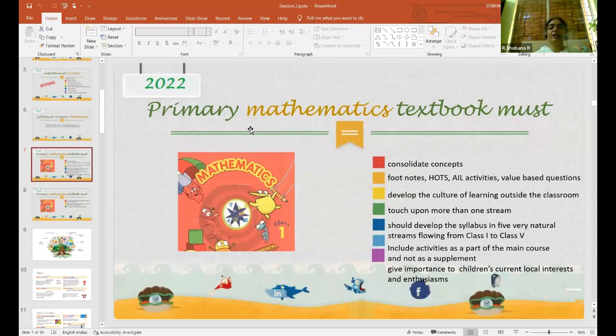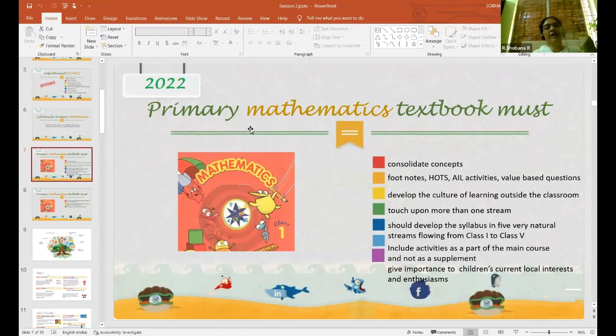Next, the textbook should develop the syllabus in 5 very natural streams flowing from class 1 to 5. So the textbook must always be a seamless bridge through concepts and activities as the child continues from class 1 to class 5.